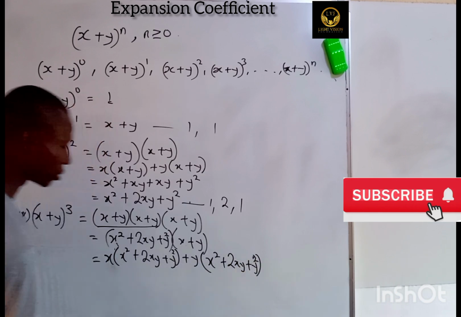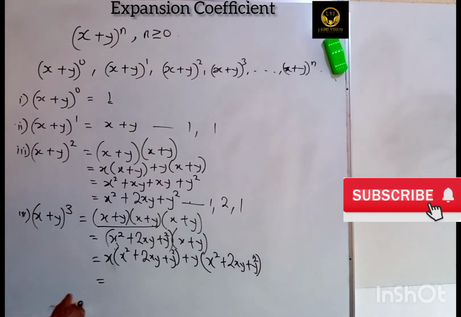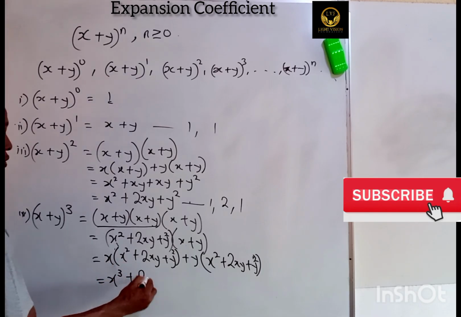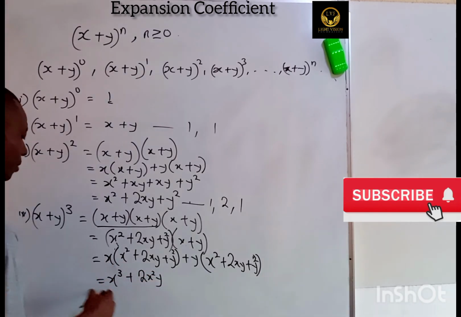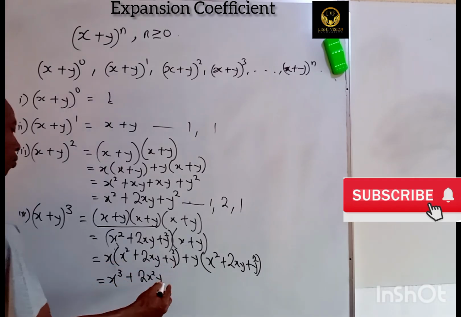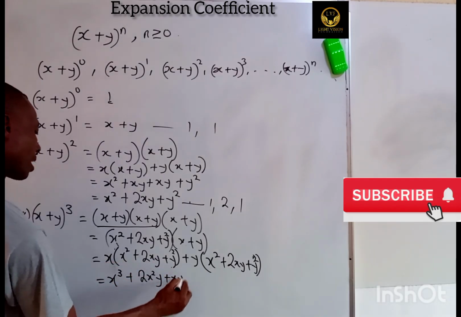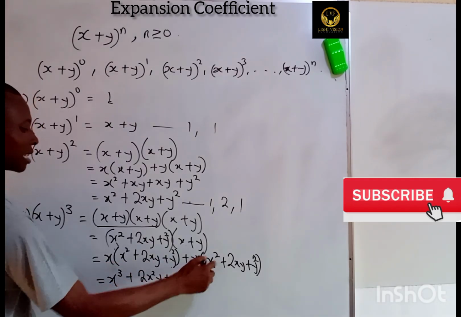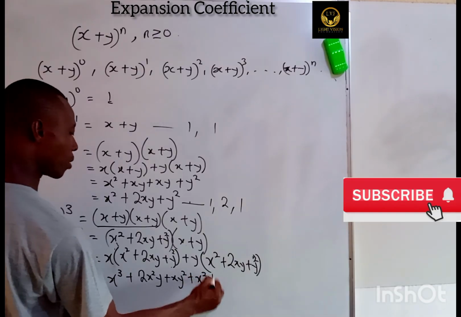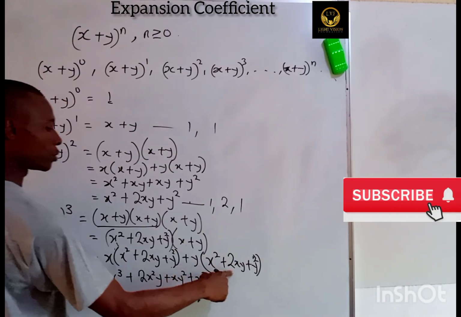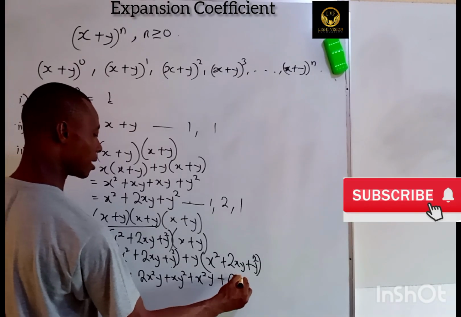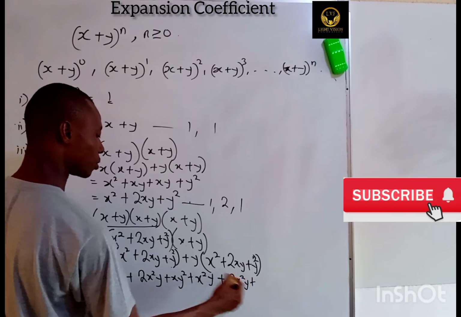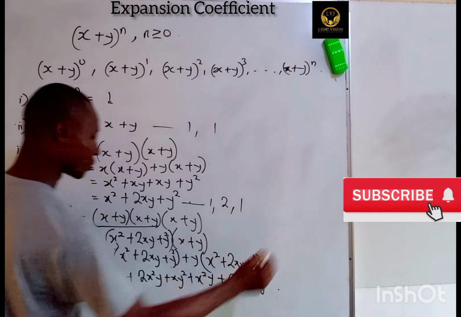So you need to be careful so that you won't make the same mistake. Now x times x squared is x cubed plus x times 2xy is 2x squared y. x times y squared is xy squared plus y times x squared is x squared y plus y times 2xy is 2xy squared plus y cubed.